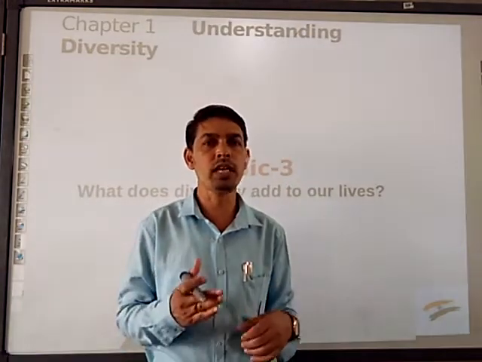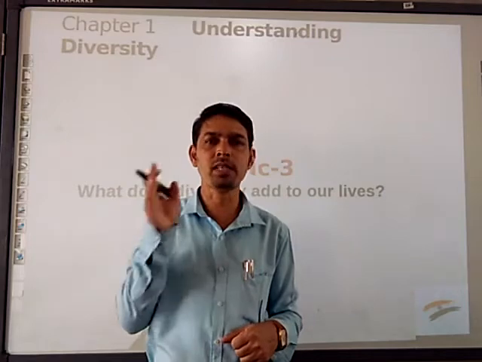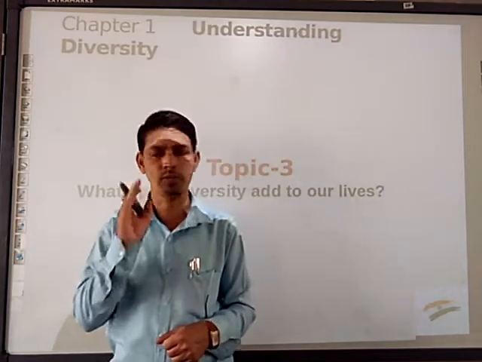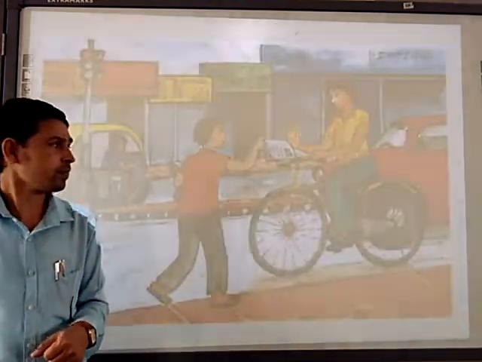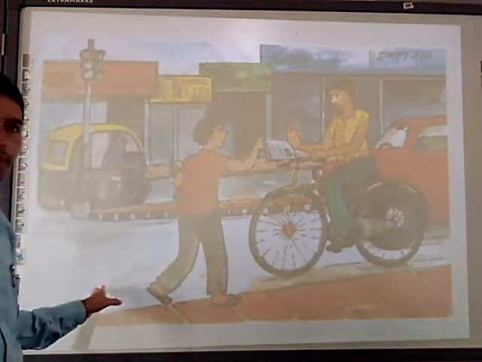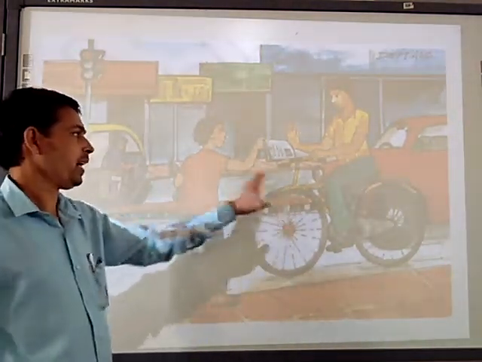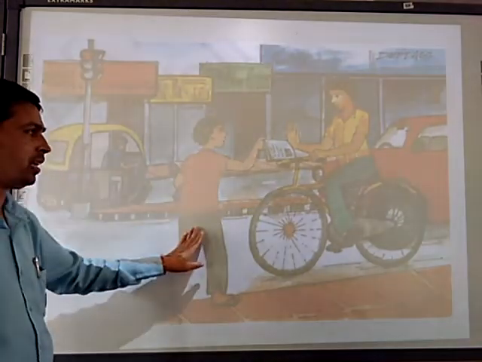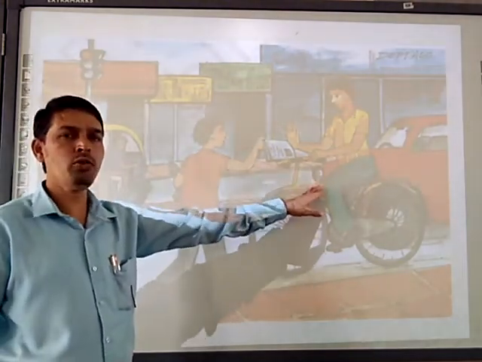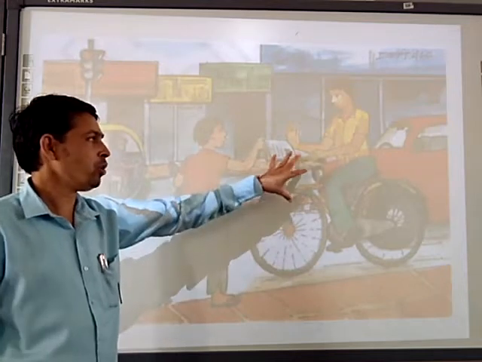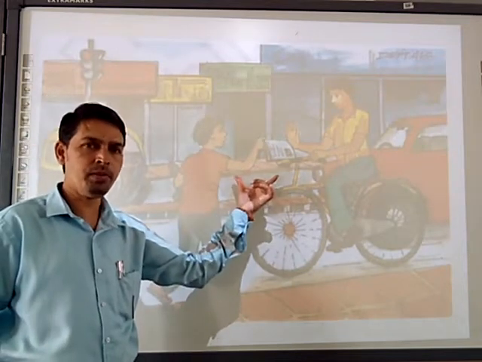First, let us recapitulate the story of Samir 1 and Samir 2. This photograph will make it clearer: the newspaper seller and the boy who is going to school. Both share a bond of friendship.